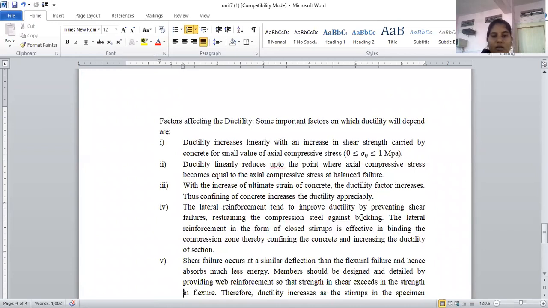Ductility increases linearly with an increase in shear strength carried by concrete for small values of axial compressive stress.